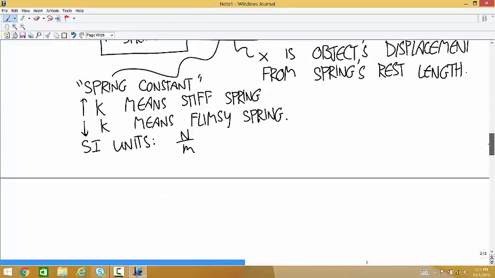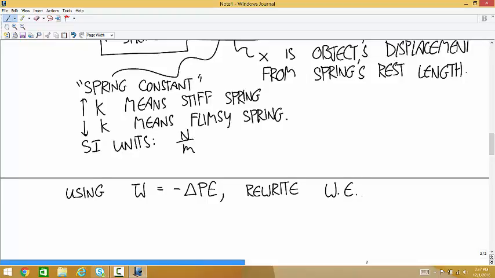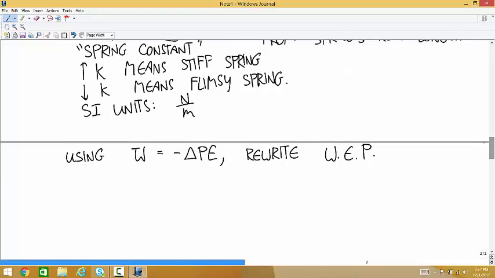Okay, so using this, what's potential energy good for? What it's good for is the work energy principle relates kinetic energy of an object, basically its speed, to the work that's done. But calculating the work is hard. Calculating the work is easy if you have a potential energy. So using this idea that work is equal to negative change in potential energy, we can rewrite the work energy principle like this.